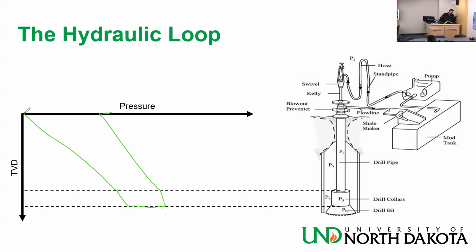And I want to ask you a question. We said that at any point in the hydraulic loop, there is a pressure and a depth, and you can convert that to a density equivalent. And we call that density equivalent EMW. Right? And then we said, I have EMW everywhere on the hydraulic loop.